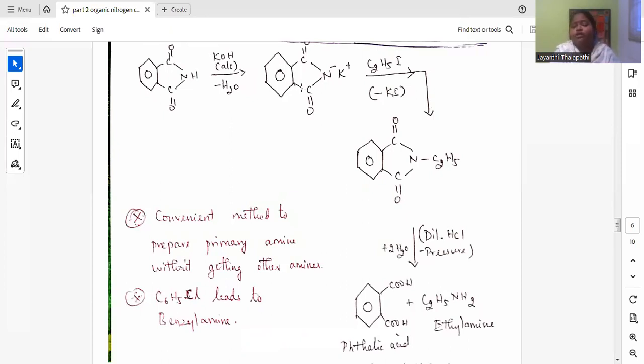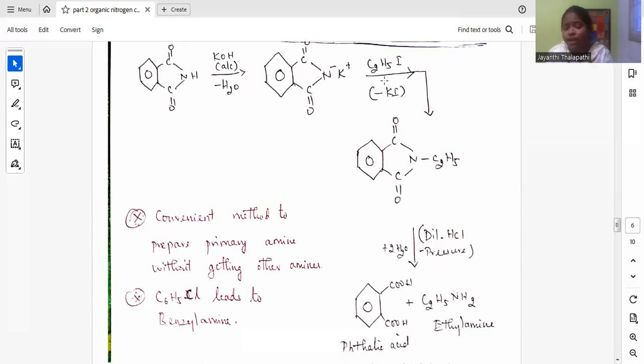When an alkyl halide such as C2H5I, ethyl iodide, is used, whenever a halogen with an alkyl group and an alkali metal are present, there will be a reaction between these elements.